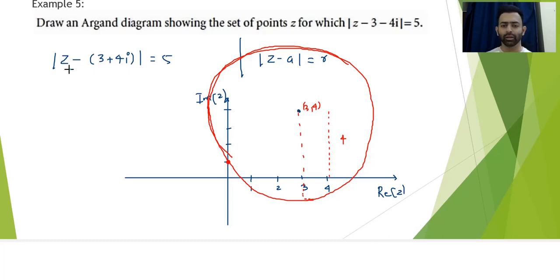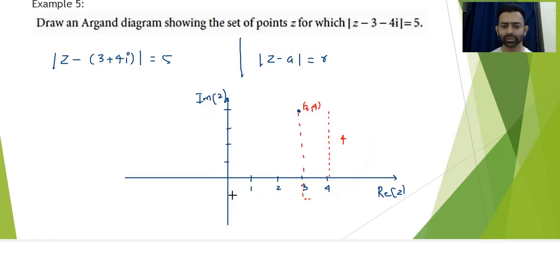Okay. Since the radius is 5, I can draw this. Why can I draw? Because this is 3, this is 4. So I know that the distance of this center from the origin will be 5, because in this triangle, this is 4, this is 3, so this will be 5.